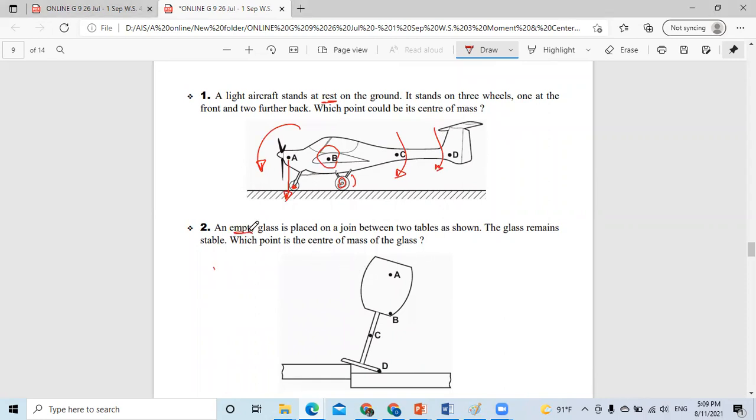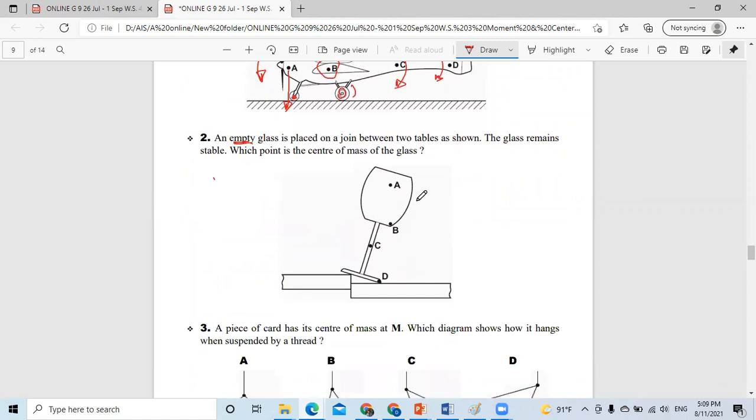Okay. An empty glass, that means it doesn't have anything, any liquid, is placed on a joint between two tables, as shown. The glass remains stable. Which point is the center of mass of the glass? Now, because it's a uniform shape, the center of mass can be at the central line. As you studied in math, we have a symmetrical shape, right and left side.